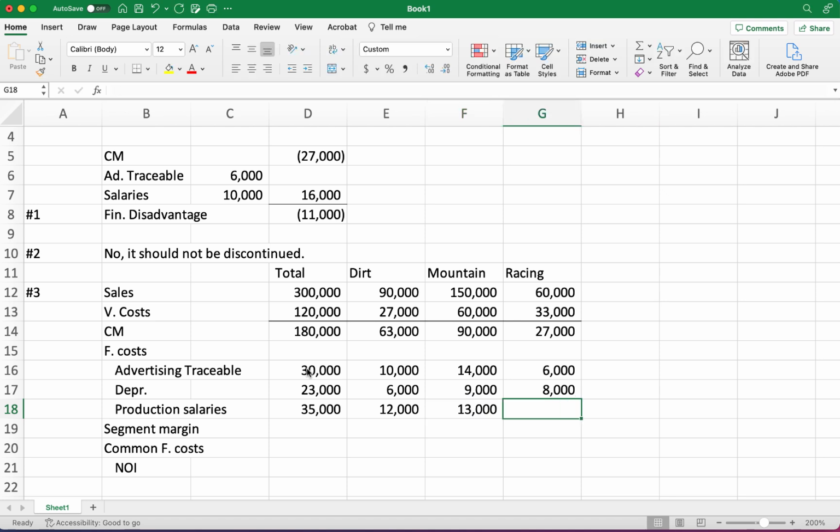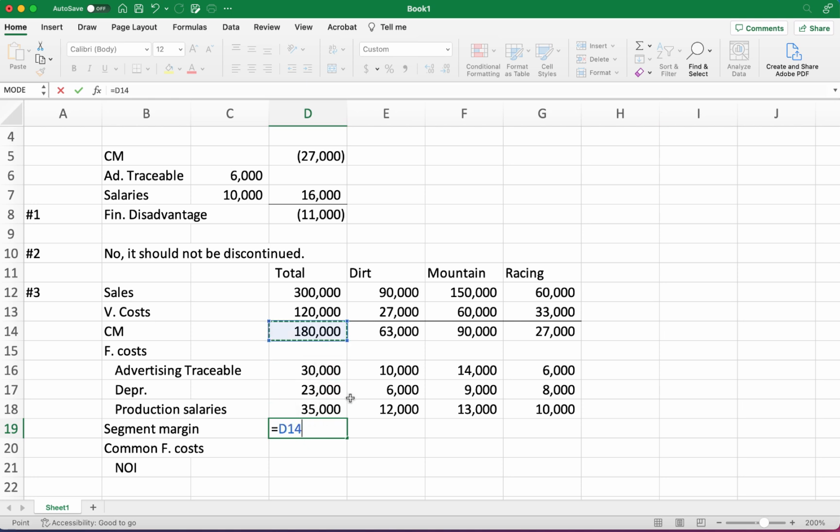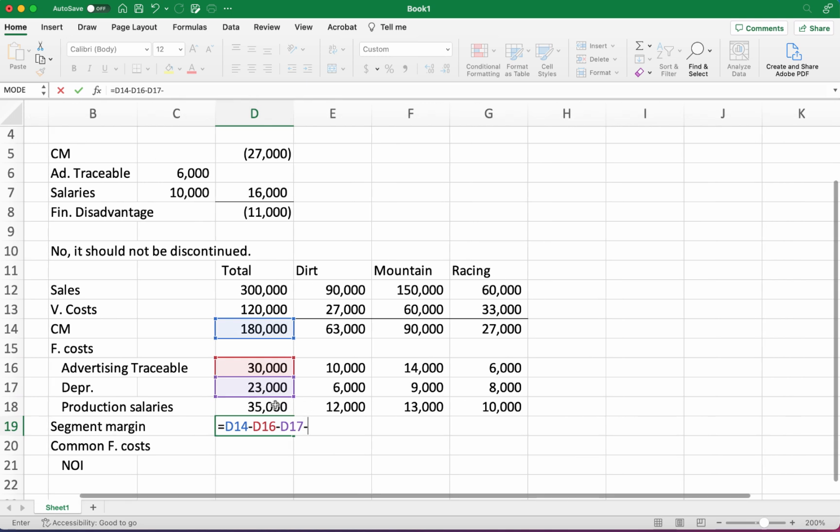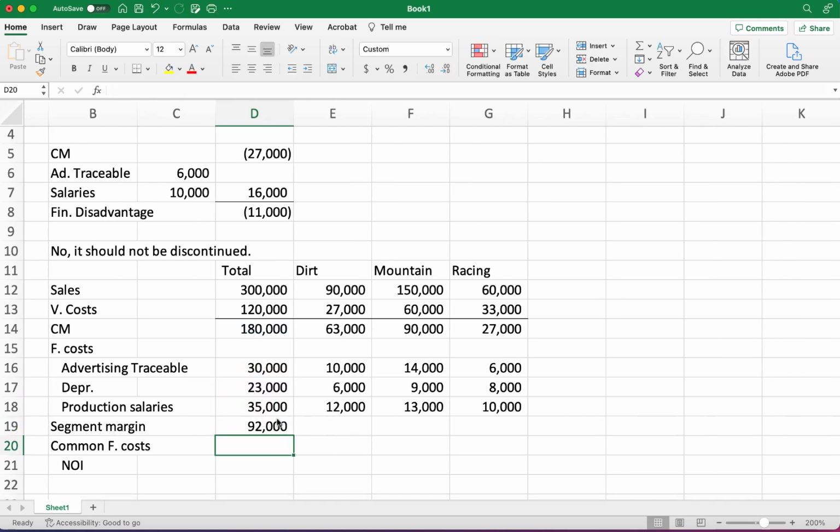And for the racing bikes, we know that's 10,000. Okay. So we can now go ahead and calculate what our segment margin is. We're going to take the contribution margin and we're going to subtract out the traceable fixed expenses, the depreciation, and the production manager salaries.